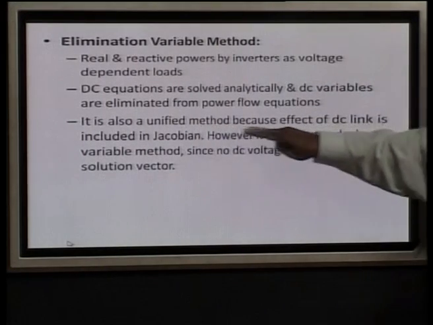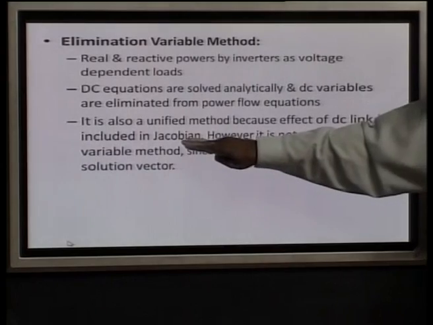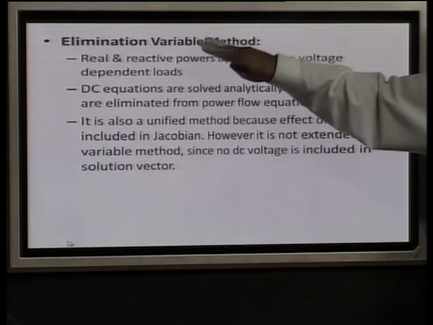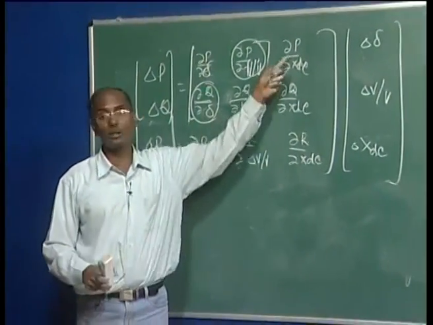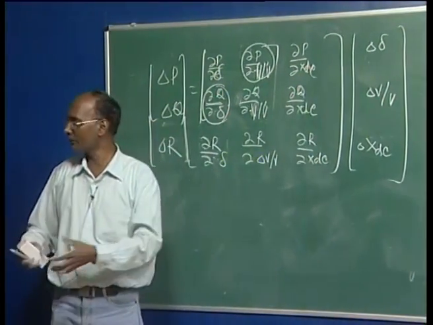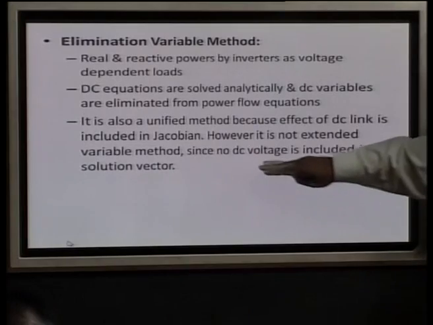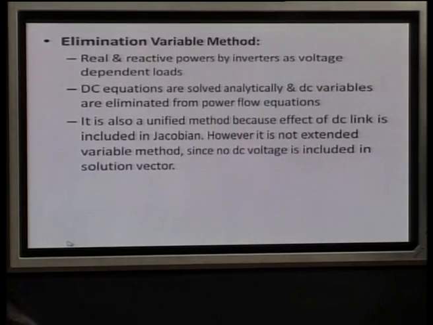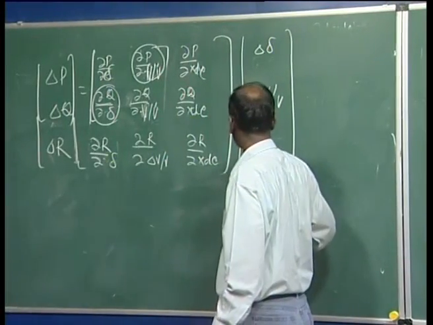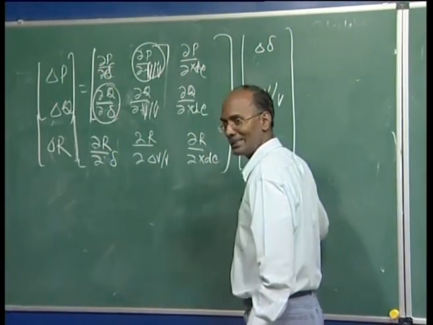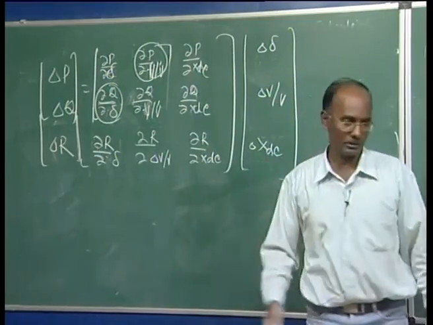It is also a unified method, because the effect of the DC is included in the Jacobian, just as this extended method here is also unified, because in this Jacobian you are including this one. So, already these variables are there. So, no DC voltage is included in the solution vector. Here the DC voltage, we will see, we are not including in this vector. What x DC is, we will see later on.